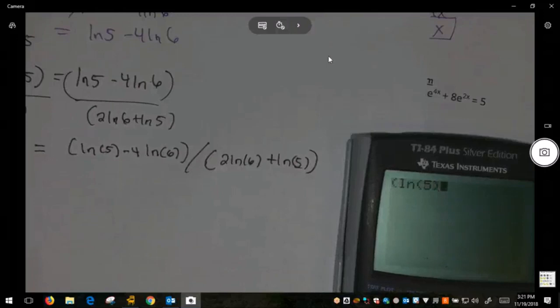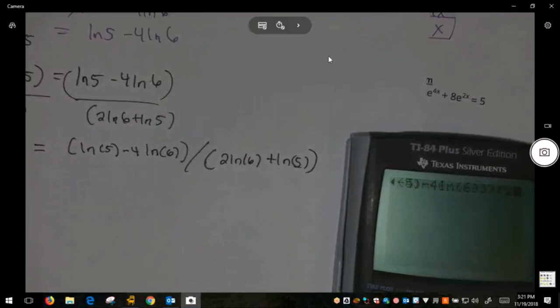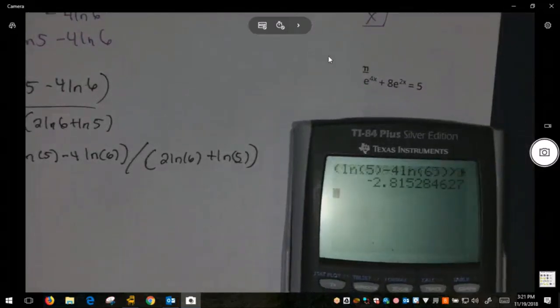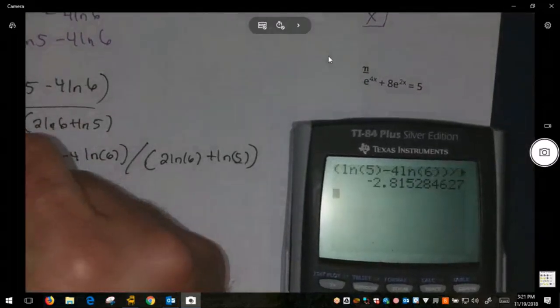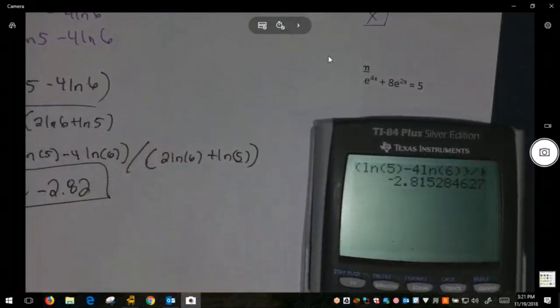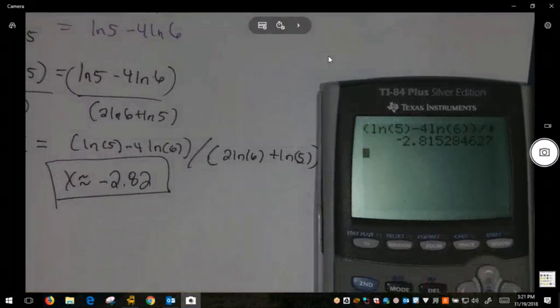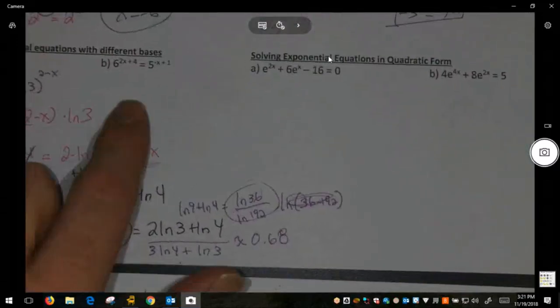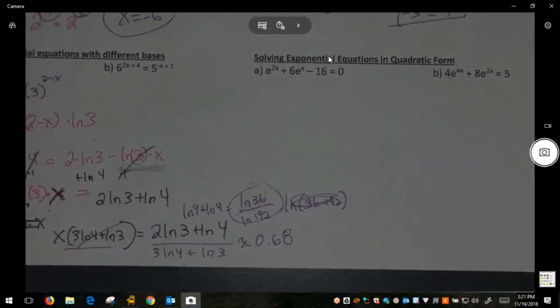Parentheses, natural log of 5 minus 4 natural log of 6, close parentheses, divided by parentheses 2 natural log of 6 plus natural log of 5, close parentheses for the denominator, hit enter, and we get approximately negative 2.82 when we round to the nearest hundredth. This concludes the example for solving when the bases are two different bases.